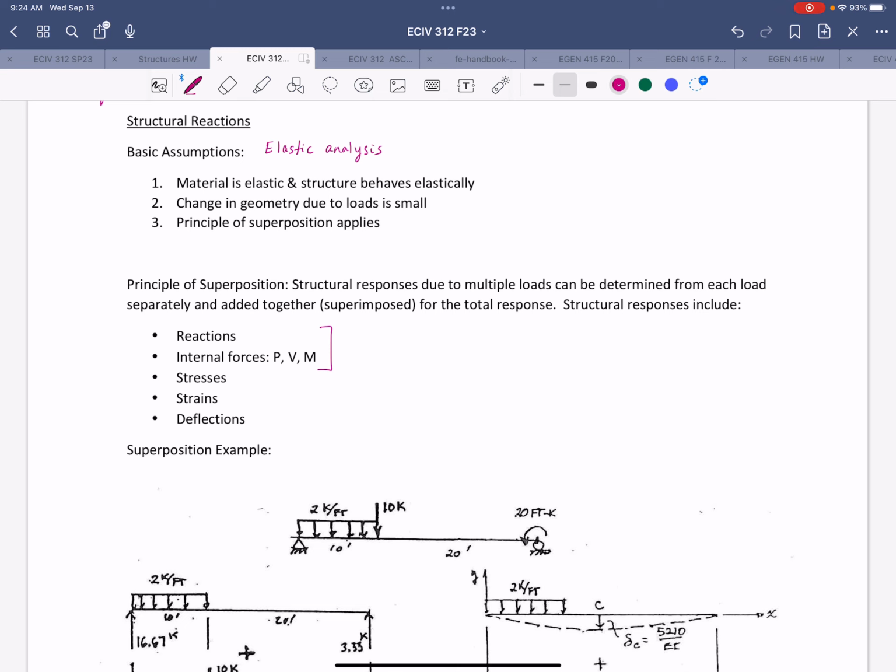So you don't need to know that information to get that info. Stresses, strains, and deflections, on the other hand, are tied to material properties. And stresses and deflections specifically are also tied to the cross-sectional geometry, right?